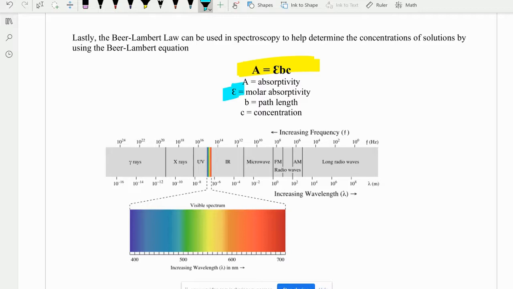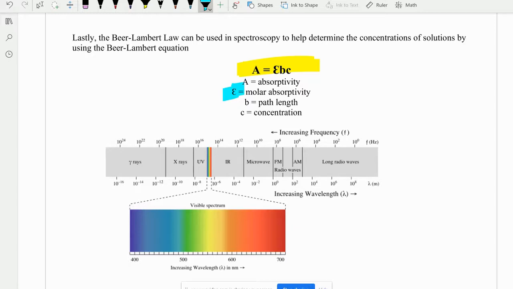You're going to see that lowercase b is the path length that the light is traveling within the spectrophotometer, and that lowercase c is the concentration of the solution. You will be expected to use this equation and apply it. Now, I want you to know I am going to have you do a virtual lab, likely to kind of highlight using this equation a little bit more and getting more comfortable with the Beer-Lambert equation.